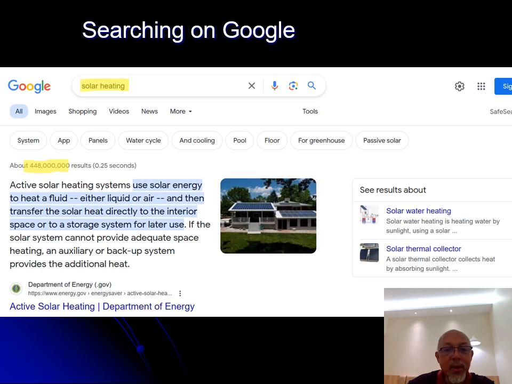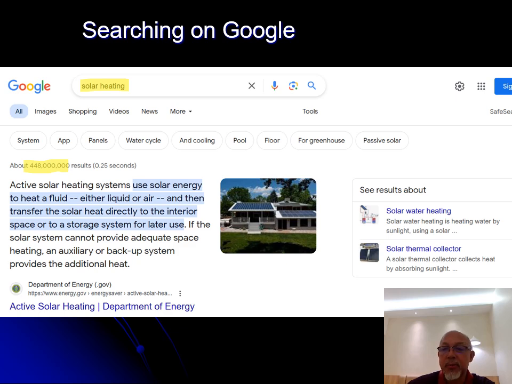It includes everything from Wikipedia, from the Department of Energy, from people selling solar heaters. We see here all images, shopping, videos, news, and so on. This is anything to do with solar, anything to do with heating.